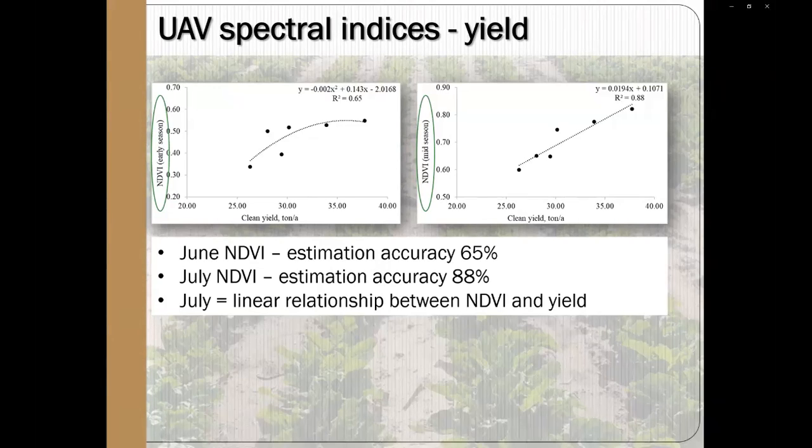The sugar beet yield estimation accuracy is increasing, as we expected, from early season to late season as the growing season progresses and sugar beet plants develop. In our study, the yield was estimated with 65% accuracy using June data, and the accuracy then goes up for the July data to 88%.